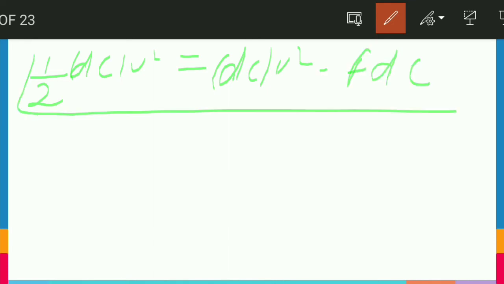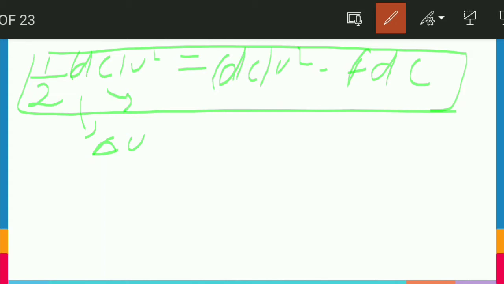Now friends, let me explain how I have written it. It is nothing but the increase in potential energy of the capacitor when the change in capacitance is dC. As the dielectric is being inserted, its capacitance increases, so the potential energy will increase. I have related it by the work-energy theorem: the total external work done includes the work done by the battery.